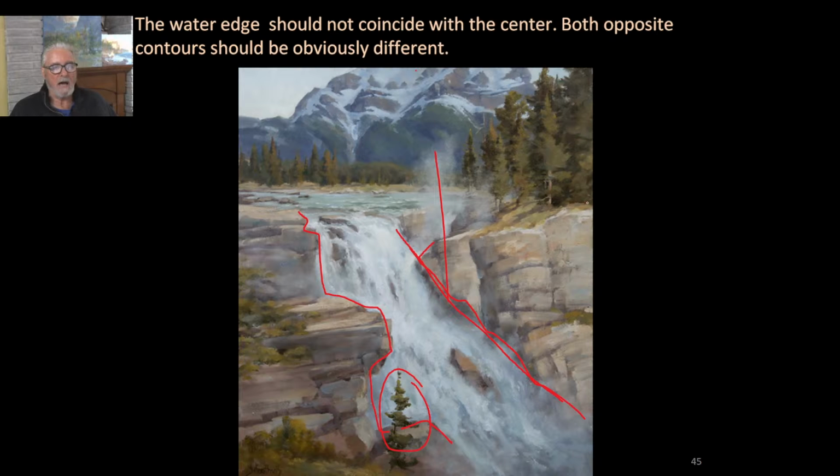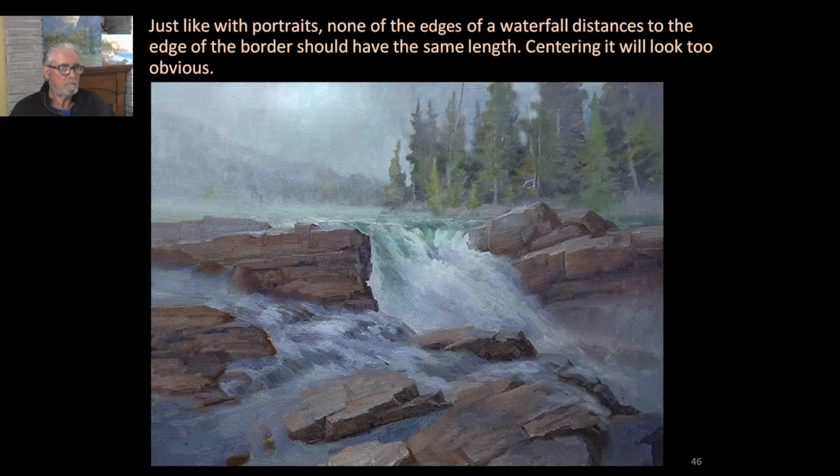But what you do want is more mass of square inches of rocks on this side or on this side, when possible. Just like with portraits, you measure the distance from side to side.